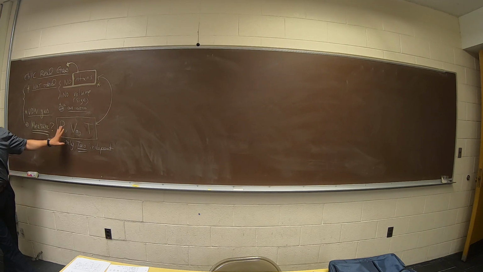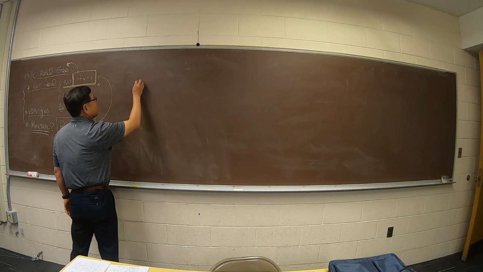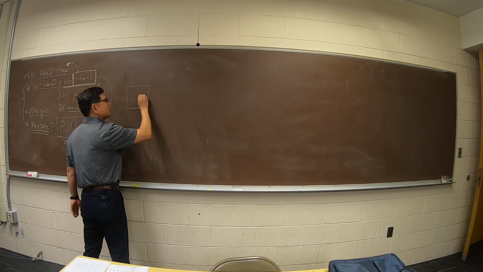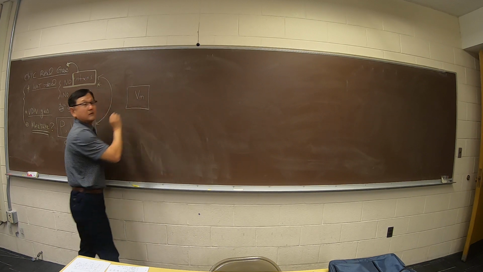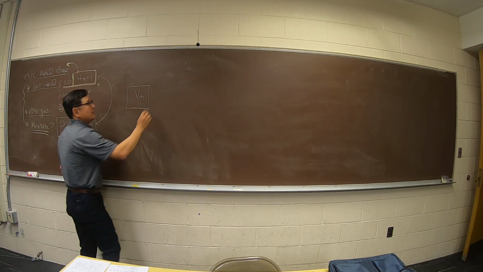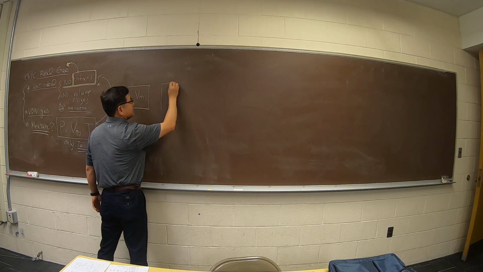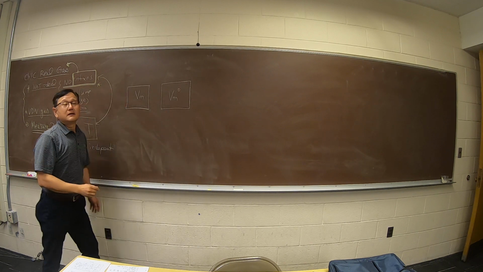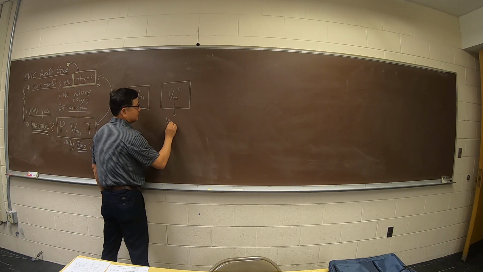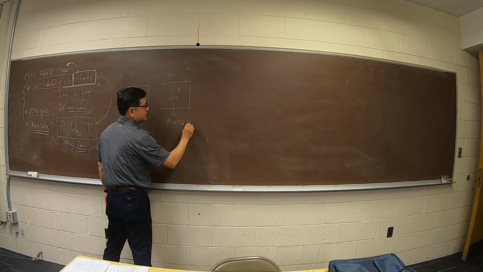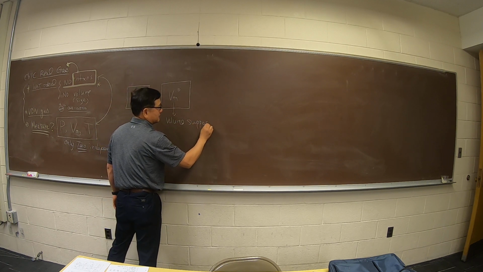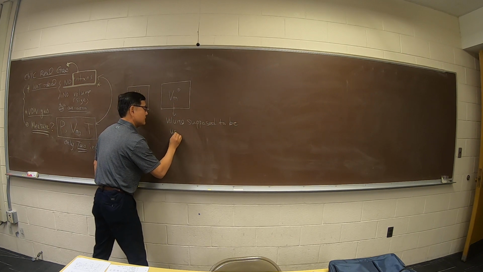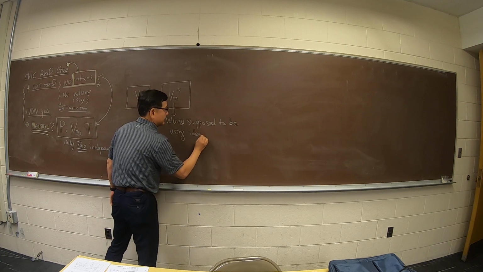But here's a concept. Let's say I have a system, and I'm going to measure the volume. I'm going to put this notation: this is the volume supposed to be using ideal gas.